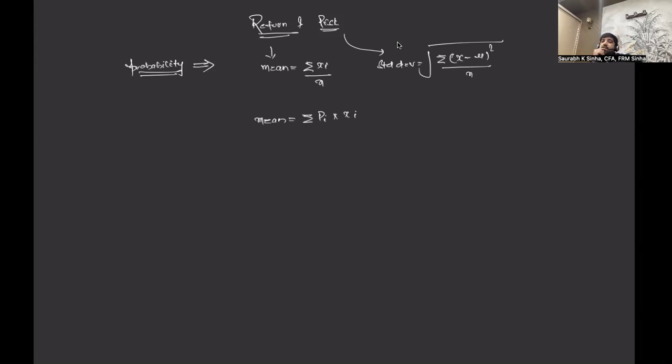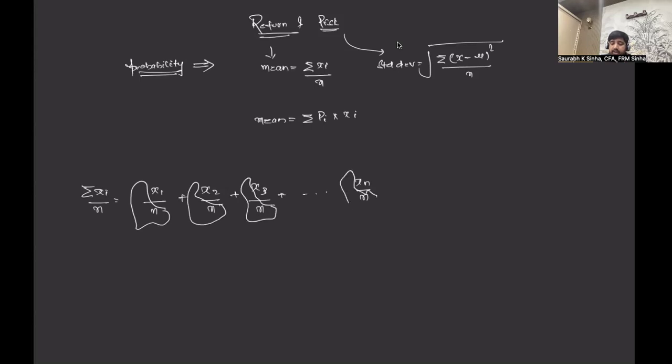What we discussed in quantitative analysis is that if you break this formula, summation of xi upon n, you're doing x1 upon n plus x2 upon n plus x3 upon n, so and so forth, up to xn upon n. So if you see carefully, there is 1 by n multiplied to all the x values. And 1 by n has an assumption of equal probability.